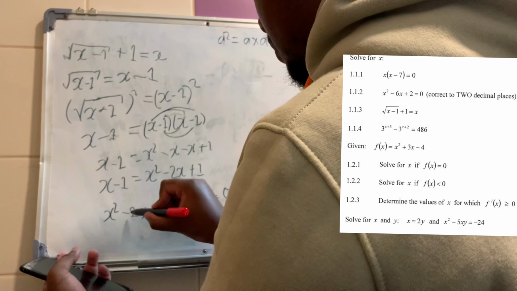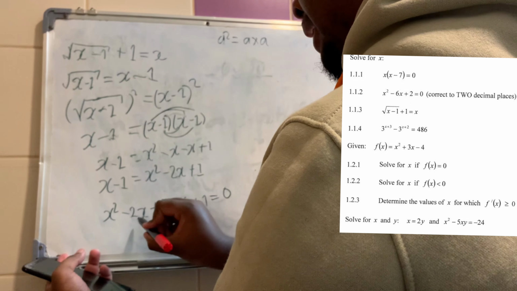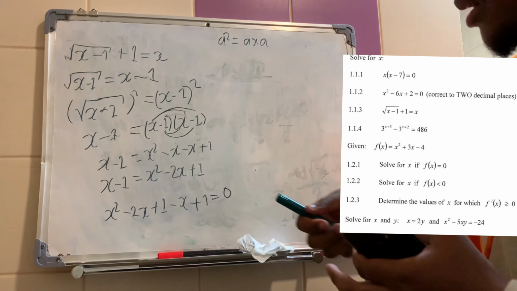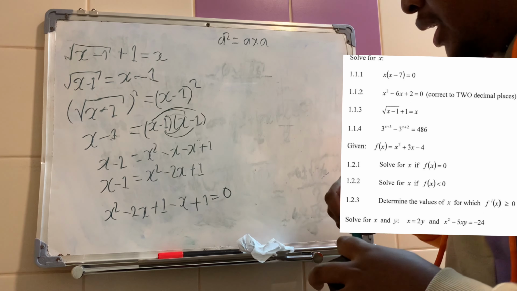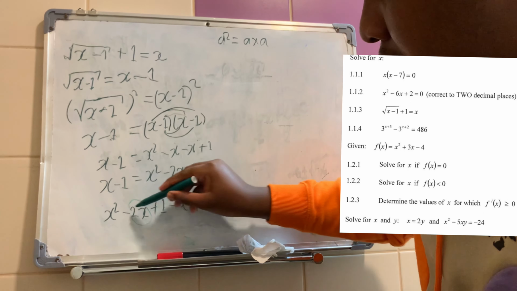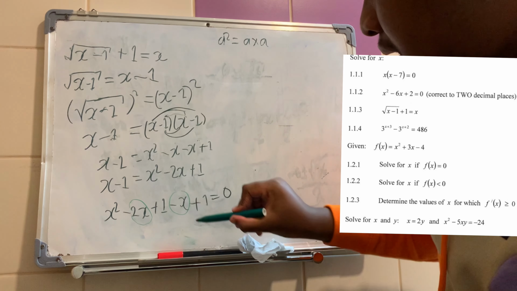The like terms are these ones, minus 2x and minus x, and the 1 and 1 are like terms.